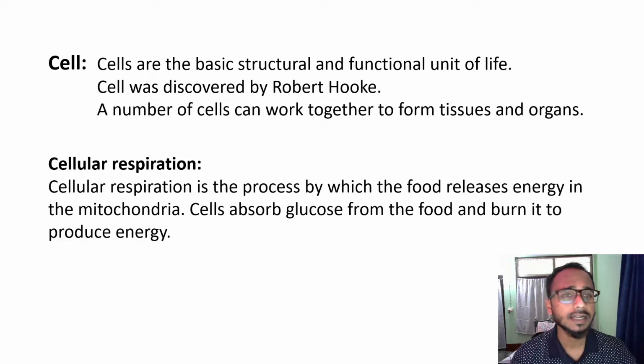So how was the cell discovered? Cell was discovered by Robert Hooke. There was an experiment which Robert Hooke did, and from that he saw some shape-like structures, and then the cell was discovered. He named the term cell. If you go through the book, on the first page of the introduction, you will see the story, the exact experiment he did.